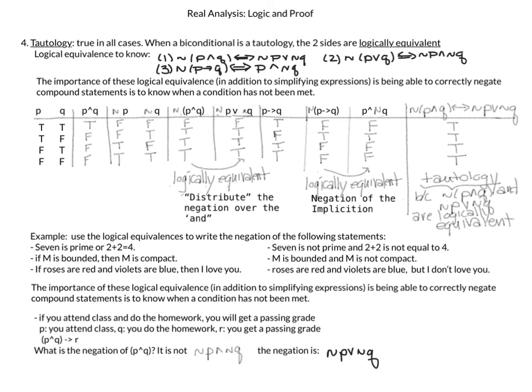But the proper negation is that you haven't met the conditions of getting a passing grade if you don't attend class, or if you don't do your homework. So either of these conditions will not earn you a passing grade.